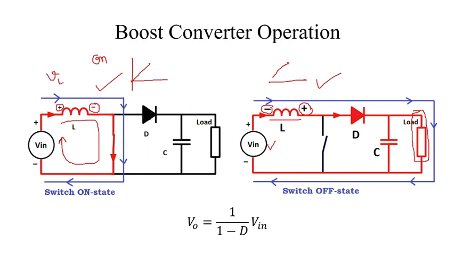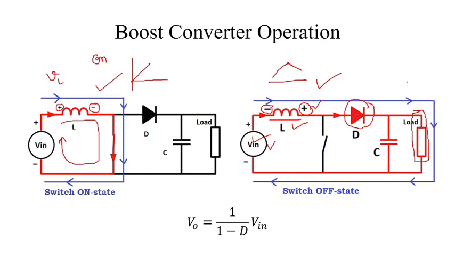Now during the off period the current is decreasing, so again this polarity is reversed, this side positive and this side negative. Because this side is positive, this makes the diode forward biased, and your load is supplied by both energies, the input side energy plus the energy stored in the inductor.